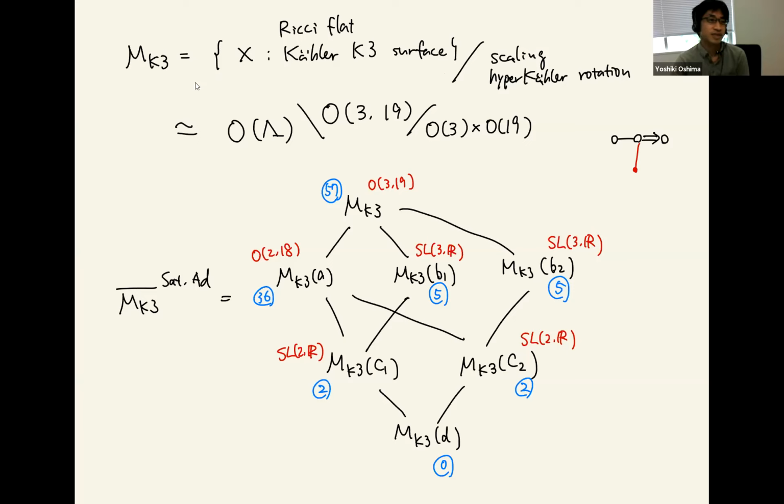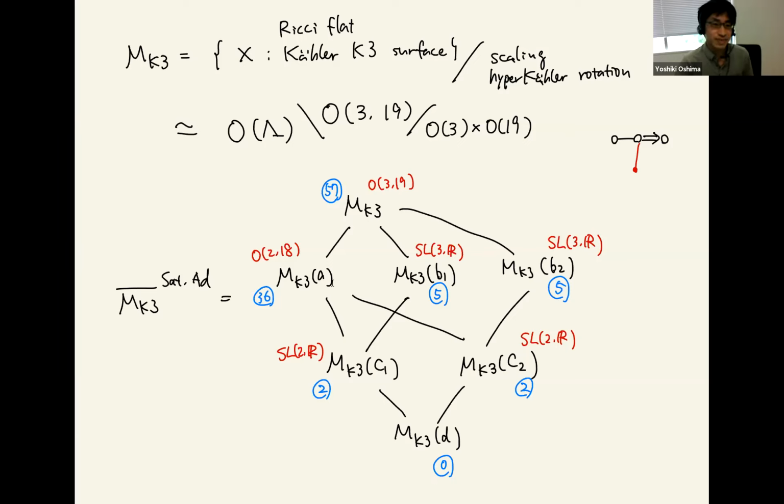We define the moduli to be MK3, and by the period map this is isomorphic to this locally Riemannian symmetric space. And again, we consider the Satake compactification of the adjoint representation. Then the stratification is given in this way.